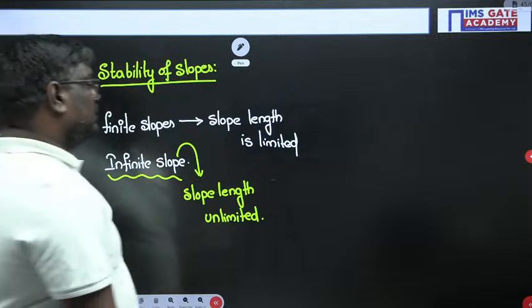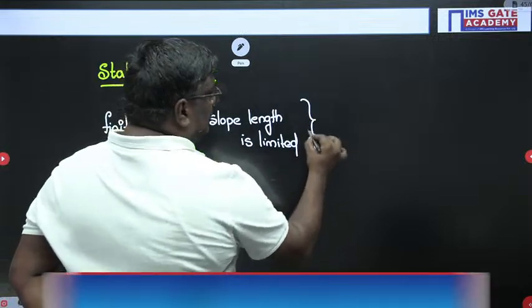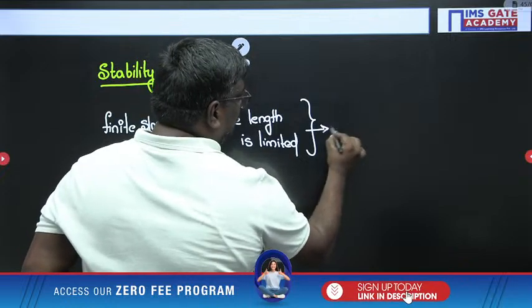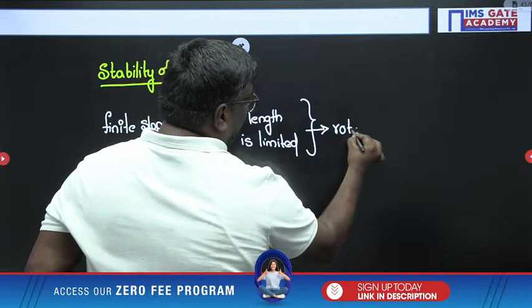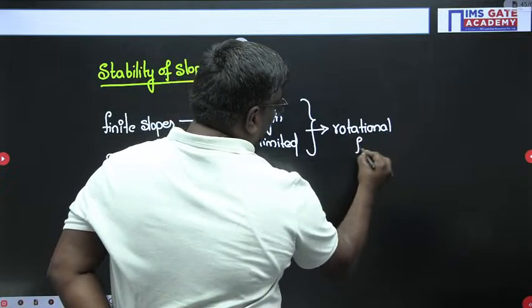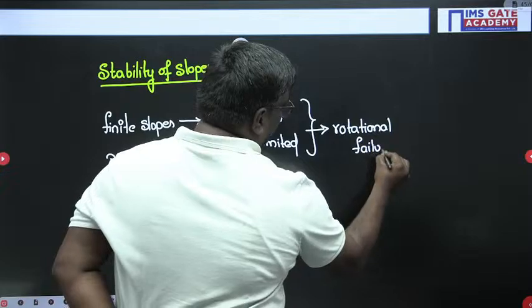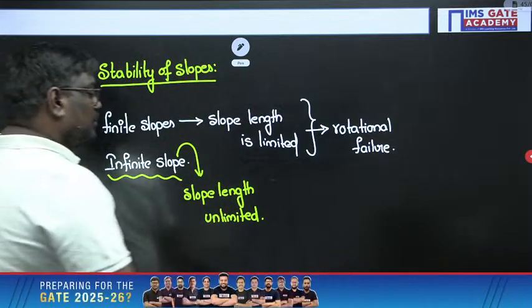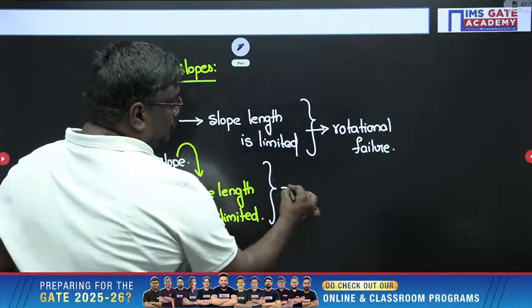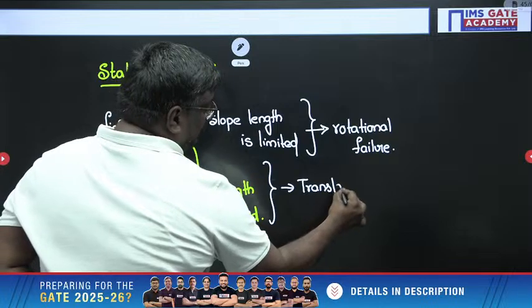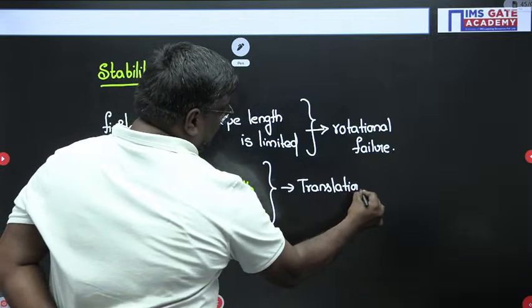In finite slopes, we observe rotational failure. Any doubts in this? And in infinite slopes, you will observe translational failure.